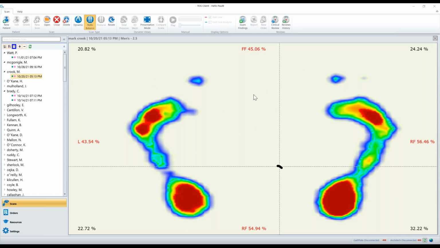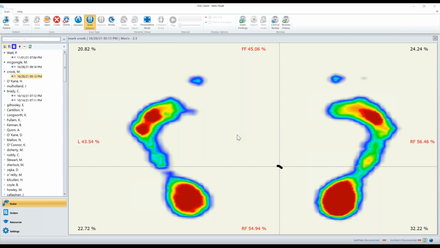So if patients all came into your clinic and they were all scanned, they all had a static scan done, then this points straight away towards an assessment to decide whether or not this is tightness in the calf muscle, tightness in the soleus muscle. Is it a bony block equinus? Is the tibialis anterior hypertonic?